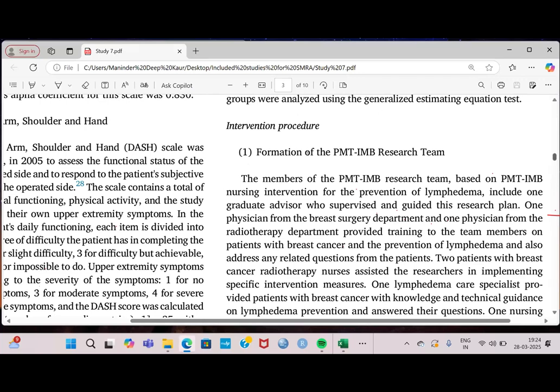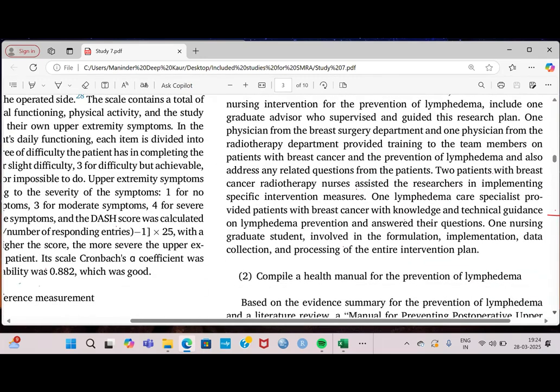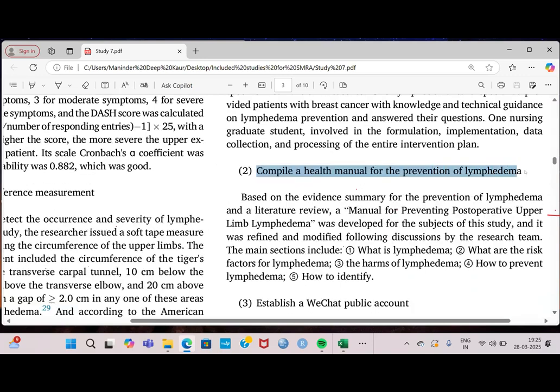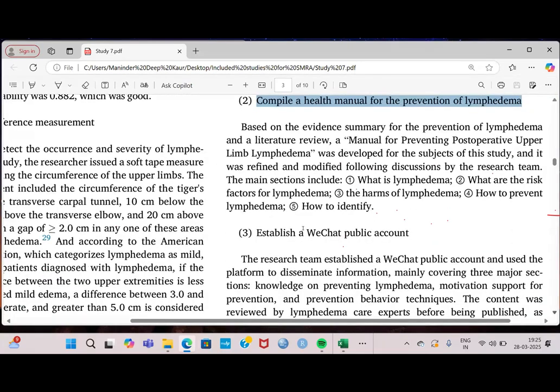They formed a research team with different types of members. Yes, see, they have given a manual to the patients on how they can prevent lymphedema. Also they created a WeChat account in which education is given regarding lymphedema, along with motivational support and behavior techniques.